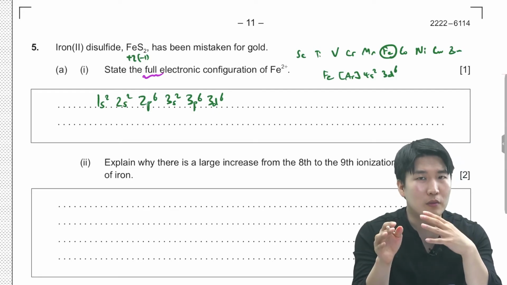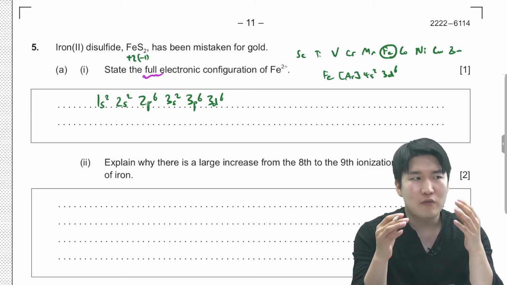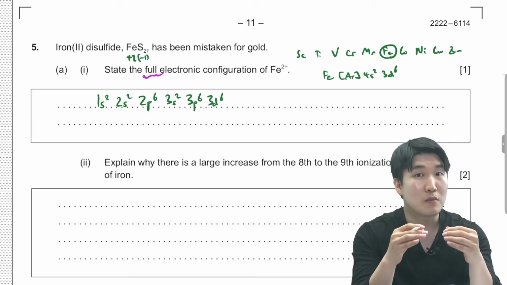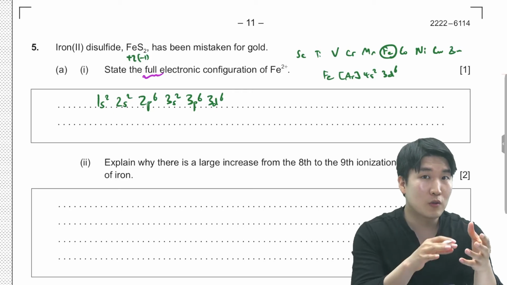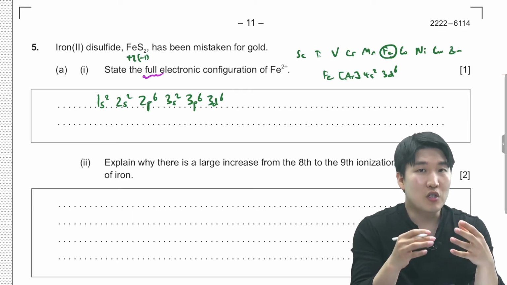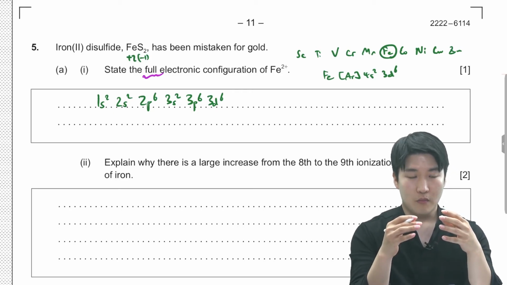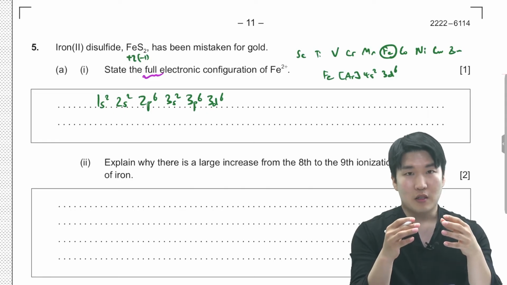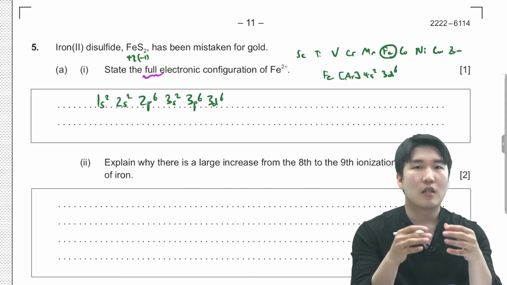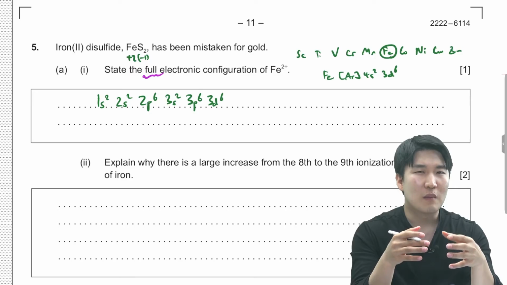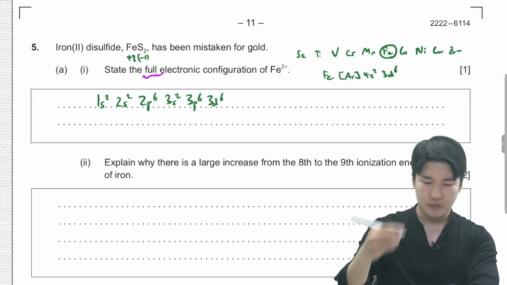3p orbital. The 9th electron is from the 3rd principal energy level, which is a lot closer to the nucleus, which is at lower energy, for which reason the electrons in the lower energy are more tightly held by the nucleus, more difficult to remove.